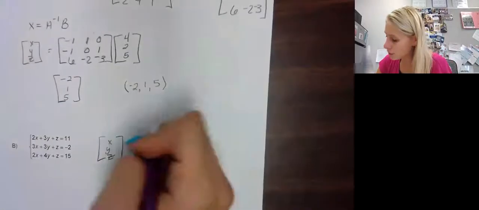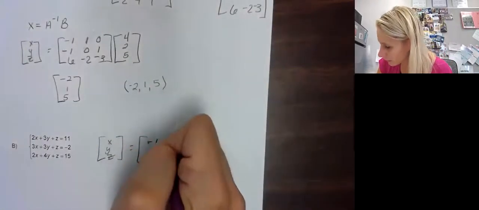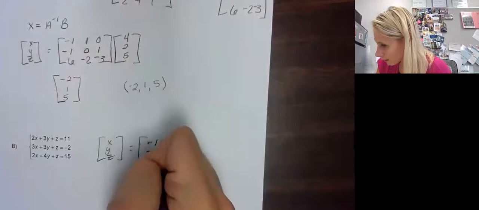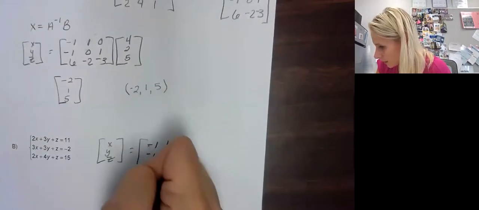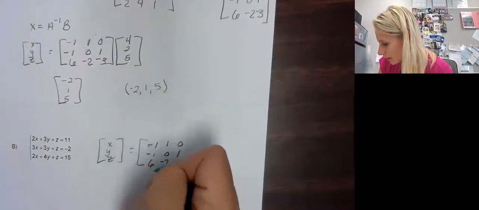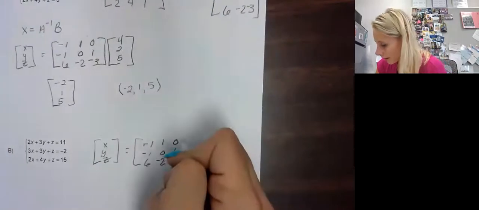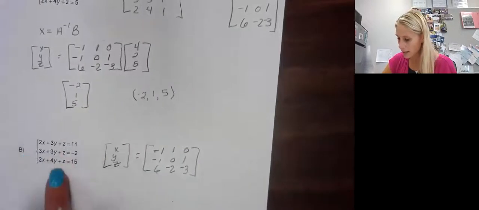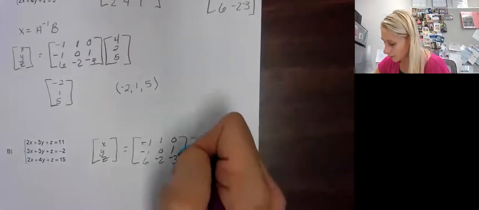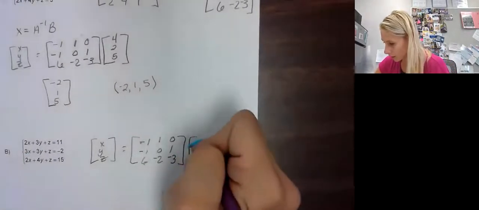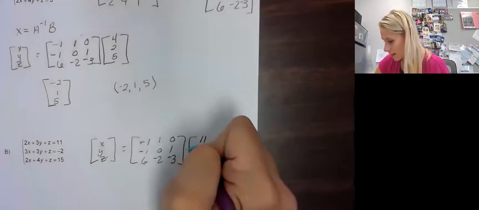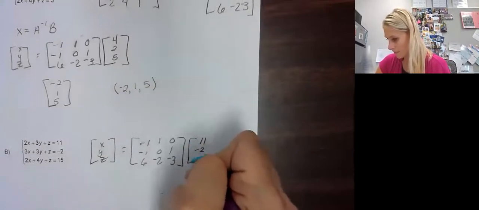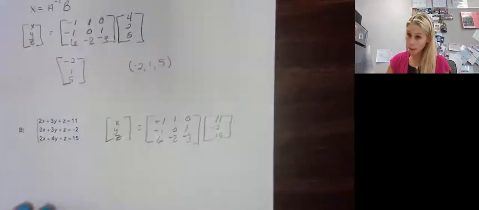Okay, so down here again, I've got to use that inverse matrix. -1, 0, 1, 6, -2, -3. Okay, by the way, I knew to use this inverse because look, the A is still the same. The only difference is that the constant matrix is now 11, -2, and 15. So multiply that out.